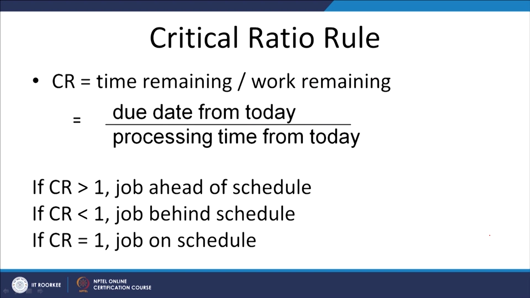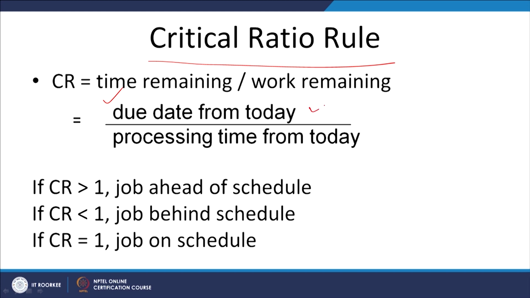The definition of the critical ratio, as I have said, is the time remaining from the current date until the due date, divided by the work remaining: how much time is remaining for the due date and how much time it will take to complete the work.